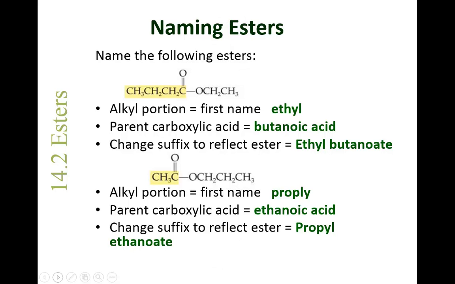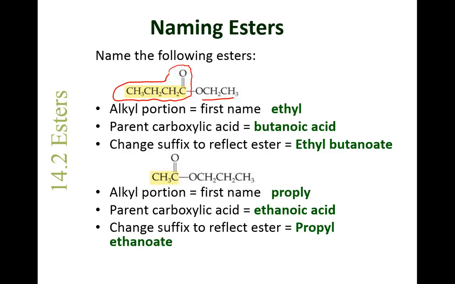So for this one, we know this is part of the alcohol, and this would be the part that came from the carboxylic acid. So we look at this part. This is from the alcohol, ethyl. We had an OH there, it would be ethanol.